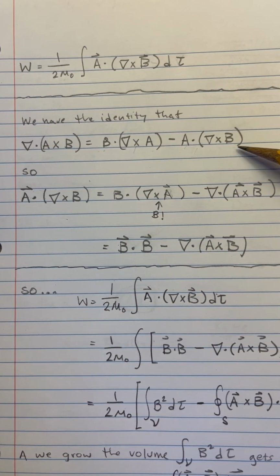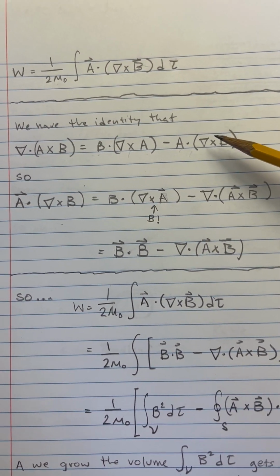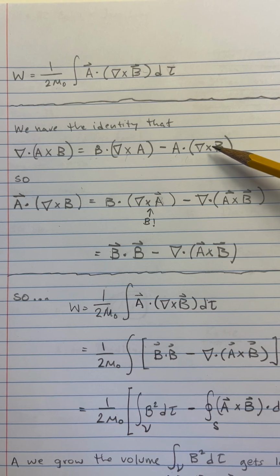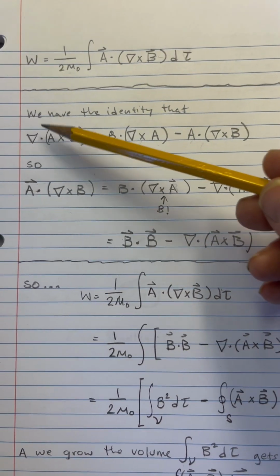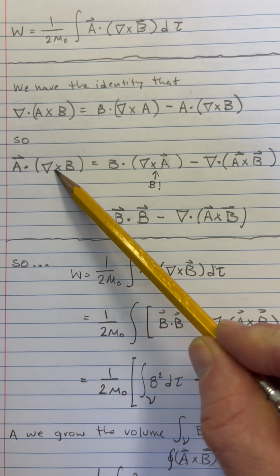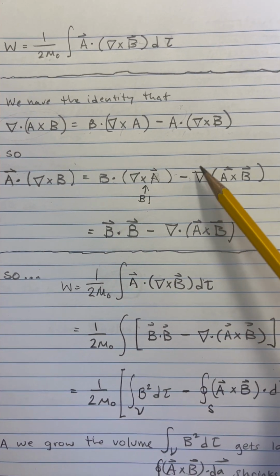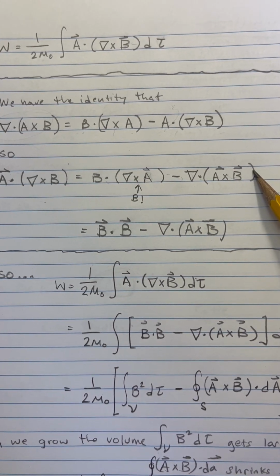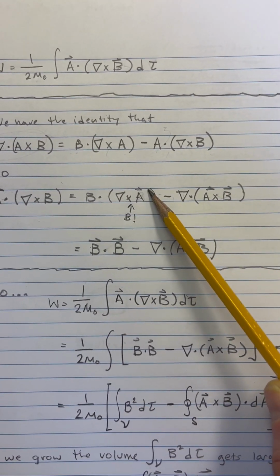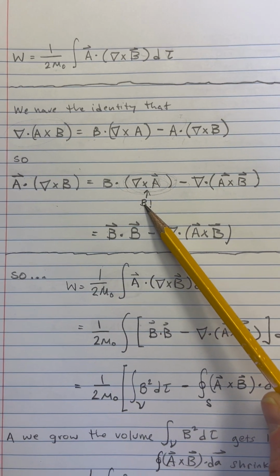So that's the identity. And we can rearrange this by basically adding the A dotted with del cross B to this side and then subtracting this over to here. And we get that A dot del cross B is equal to B dot del cross A minus del dot A cross B. And now we recognize that the curl of the vector potential is just the magnetic field again.